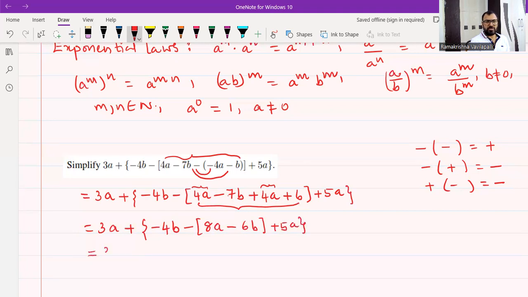This further equals 3a plus, now you see minus of plus. If nothing is specified, it means a positive sign. So minus 4b here, minus 8a. And here minus of minus plus 6b. Here plus 5a.